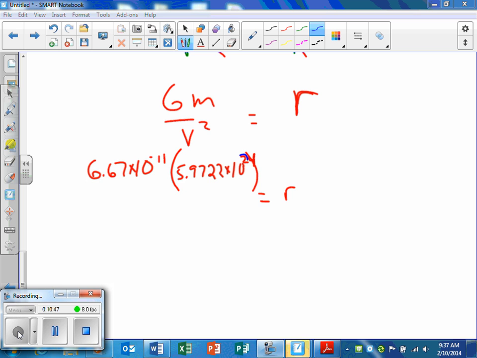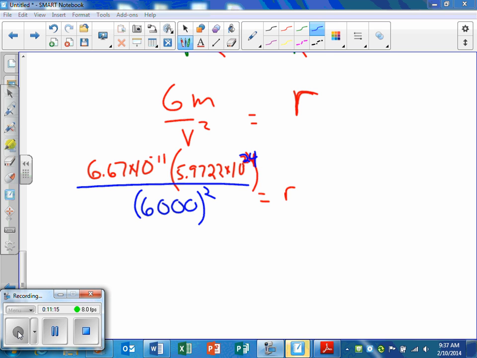Okay, I'll write that power so everyone can read it. 5.9722 times 10 to the 24th. Holy cow, that's more than a mole. 6.02 times 10 to the 23rd, that was the biggest number in the world. I guess we have more kilograms than that. I wonder how many moles we have. Well, anyway, we have 6,000 for our meters per second, right?